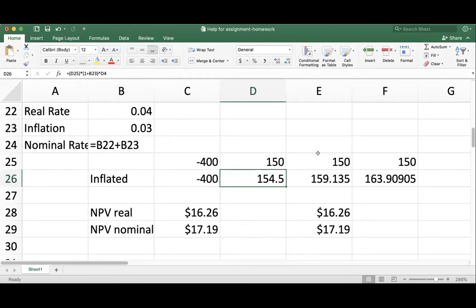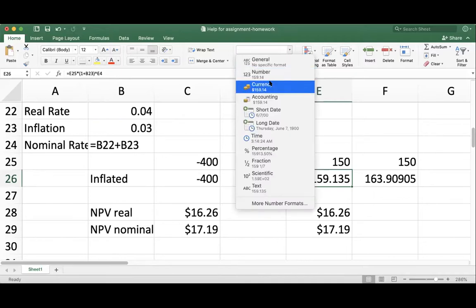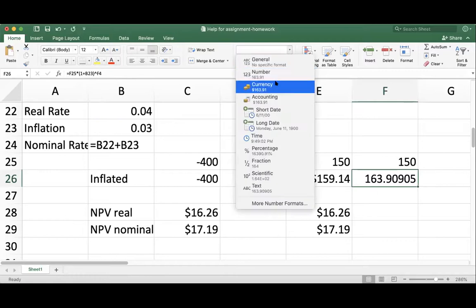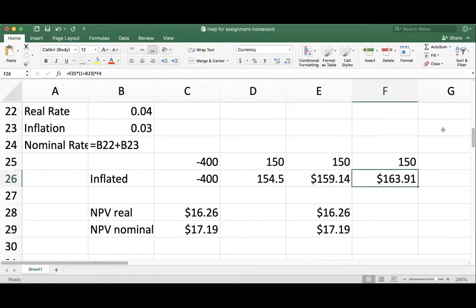And then when you get to this one, you notice that I've got the general currency in here. So it's not rounding with general, but if you put in currency, it will round it. And so that makes it easier to get an answer that doesn't have to be rounded later.